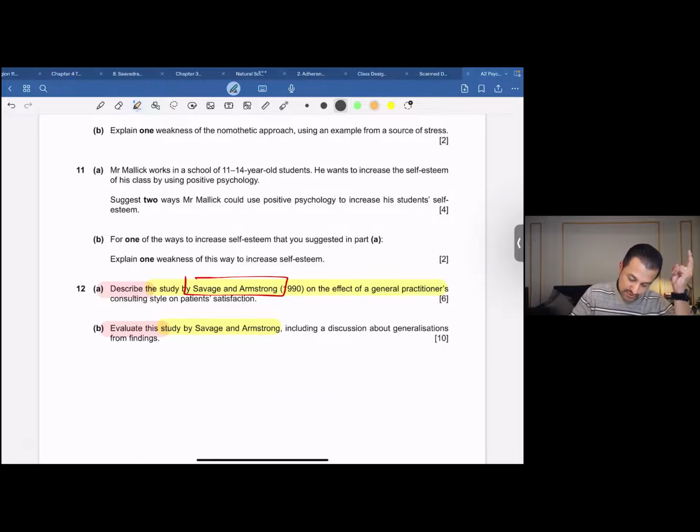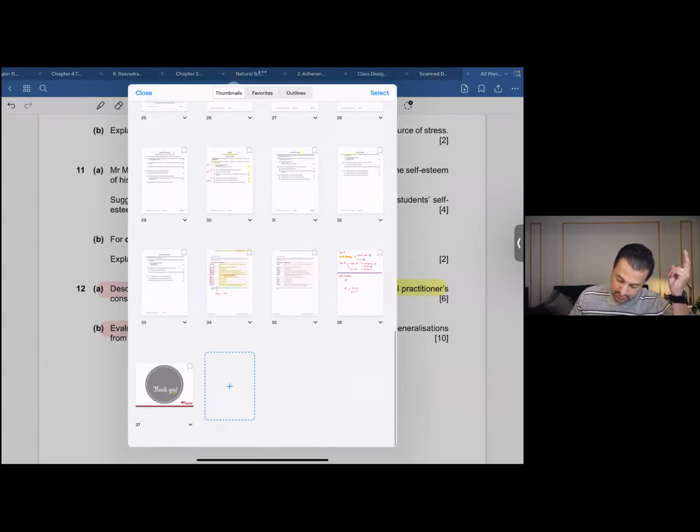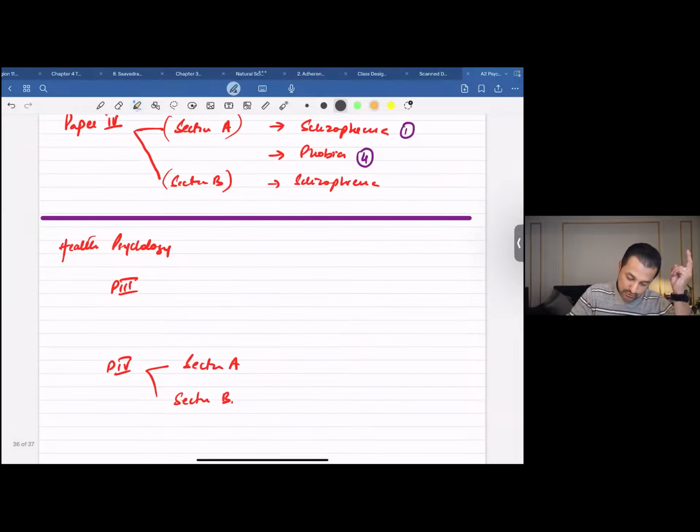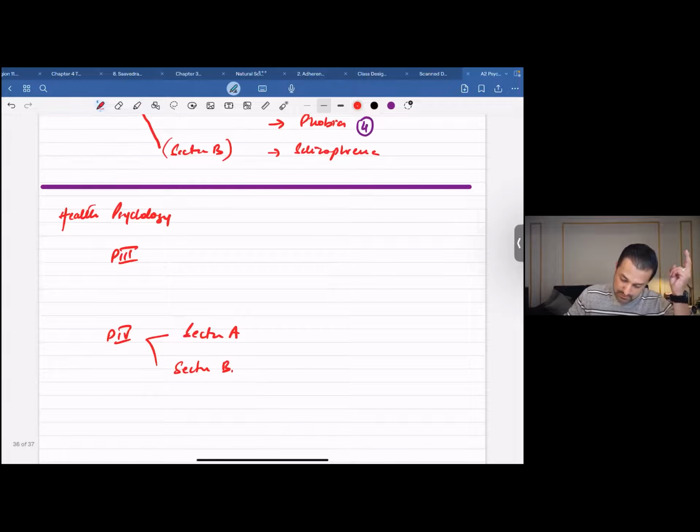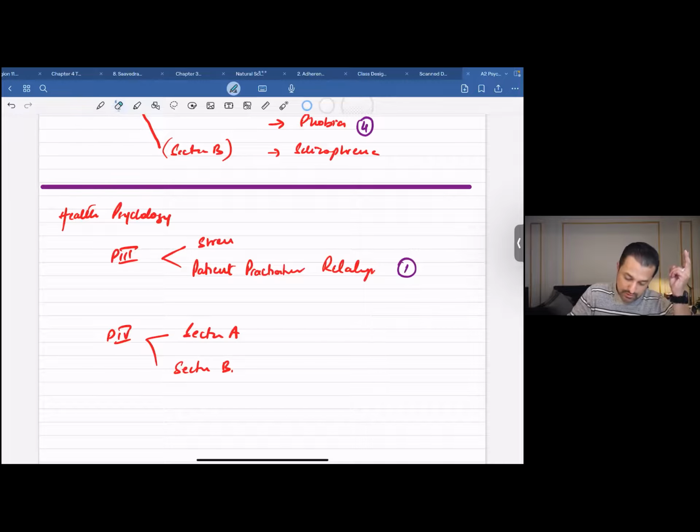So we have a question on stress and a question on patient-practitioner relationship. This being the first unit, and this being the fourth unit.